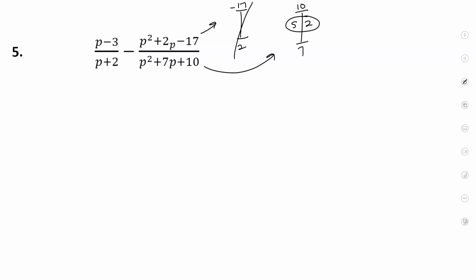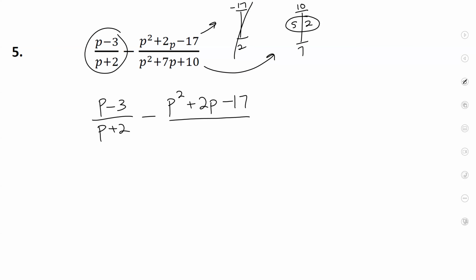Okay, so let's write down what we have. This fraction stayed the same. This numerator stayed the same because we could not factor it. The denominator, Alex told us 5 times 2 is 10, 5 plus 2 is 7. So we're going to write it as p plus 5 and p plus 2. Okay, now we can see what's missing.